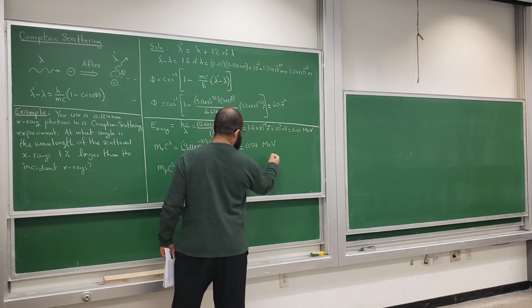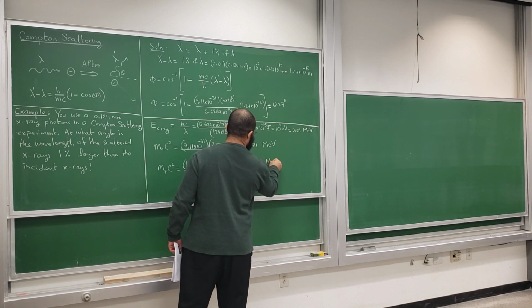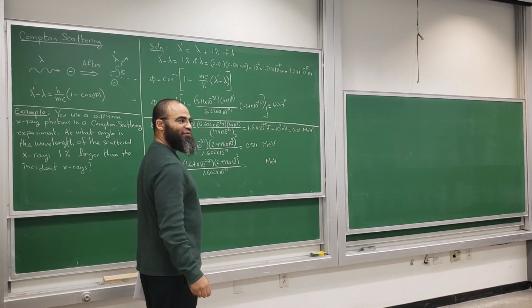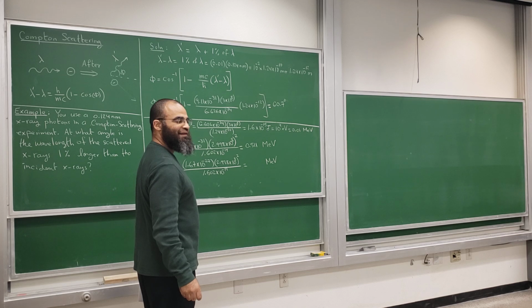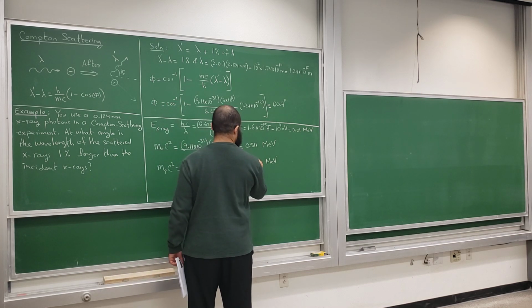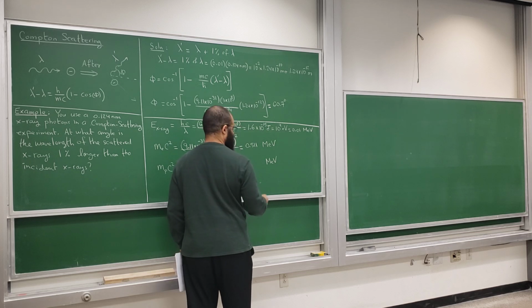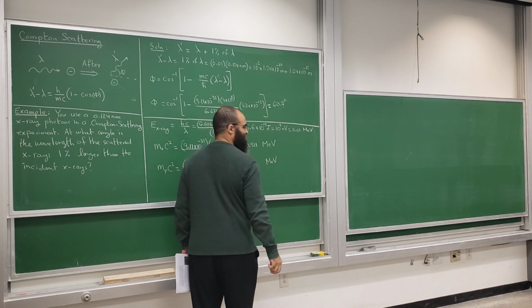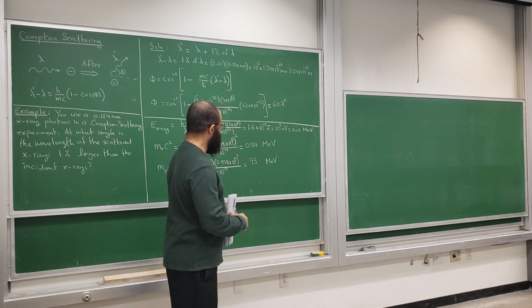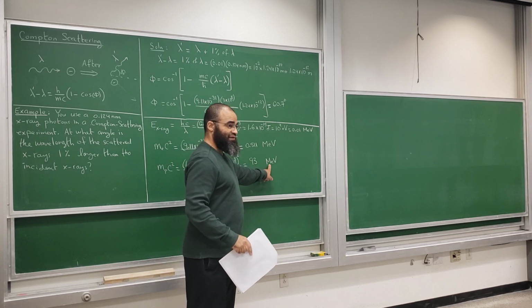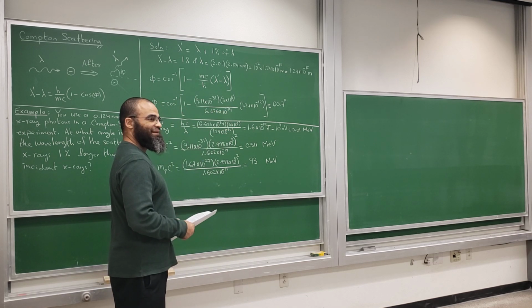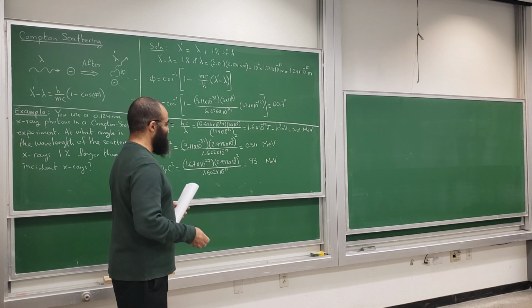So the result will be in electron volts, but we want MeVs. Can someone tell me how many MeVs it is? It would be 930 something. This is MeVs, so million, right? 937?